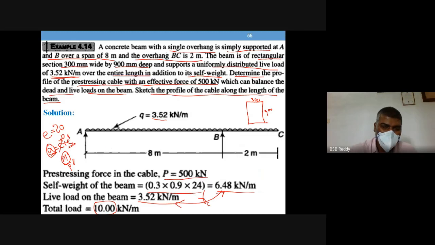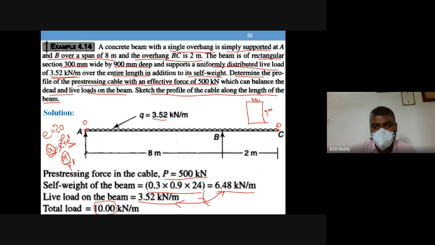So we will have to find out the bending moment values. Bending moment value at A is equal to 0, at C is equal to 0, that we know. So the cable shall have zero eccentricity, I mean, it shall be at the axis, and at C also it shall be at the axis.